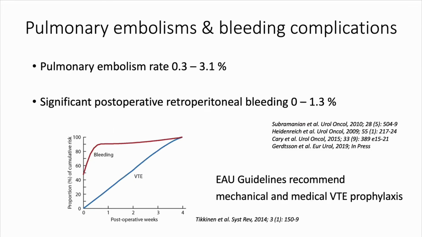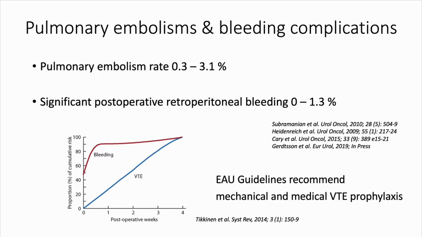What about pulmonary embolisms and bleeding complications? Pulmonary embolisms are fairly rare, but seen in approximately 0 to 3% of cases, and VTE is overall in up to 4% of cases. Significant postoperative hemorrhages from the retroperitoneum requiring management are quite rare, seen in between 0 and 1% of cases.